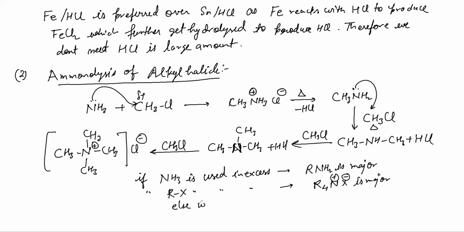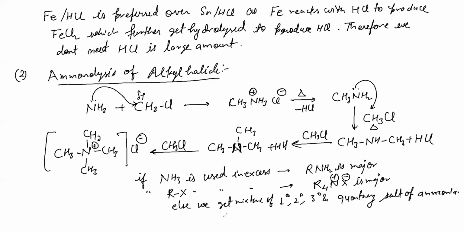Else we get a mixture of 1 degree, 2 degree, 3 degree and quaternary salt of ammonia. If you are not using the proper amount of NH3 and RX, you get a mixture of 1 degree, 2 degree, 3 degree and quaternary salt.